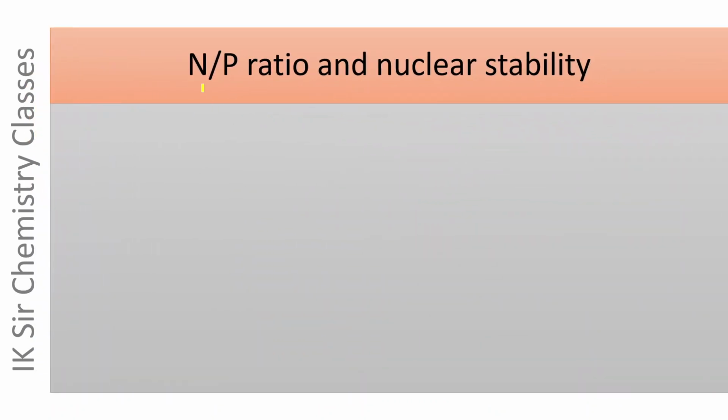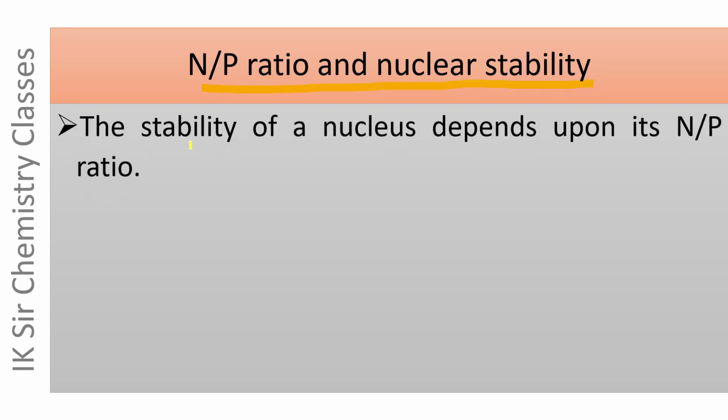N by P ratio and nuclear stability. The stability of a nucleus depends upon its neutron-proton ratio.